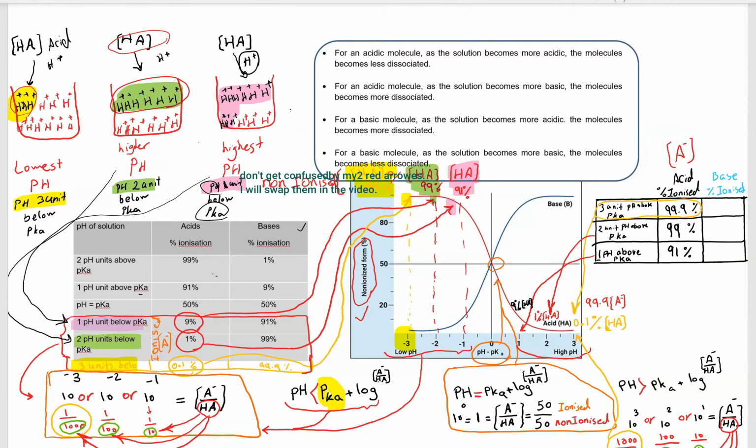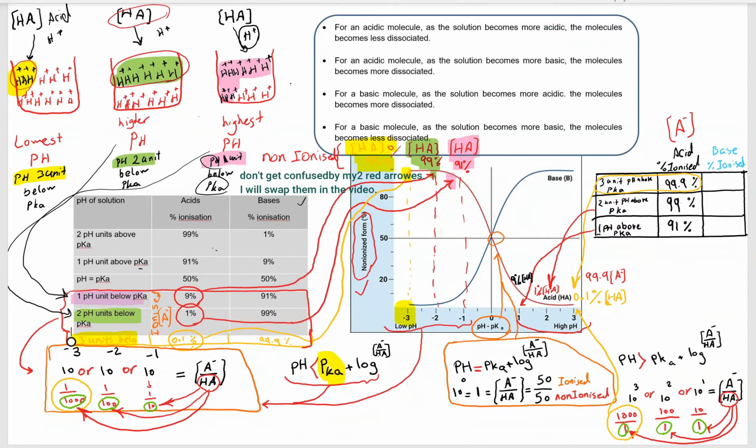So in this case, if you calculate with Henderson-Hasselbalch, you will see how we get this number, -3. So that's your minus 3, 10 to the power of -3, because when you put something bigger in your pKa, you put it back here, and then it would be -3 or -2 or -1.